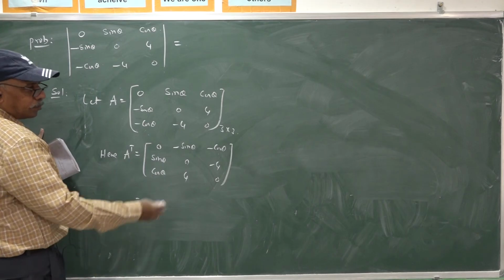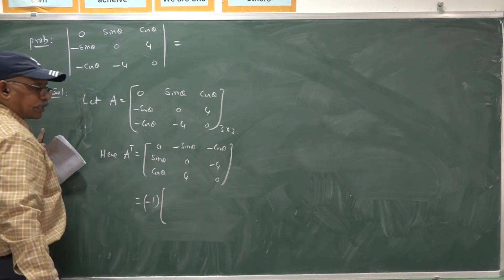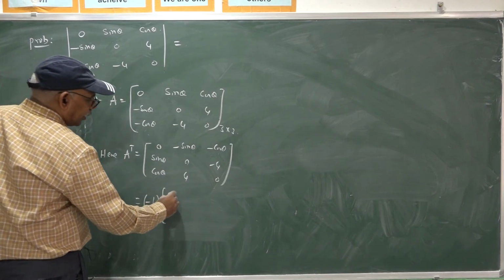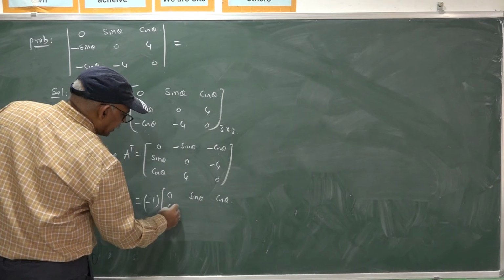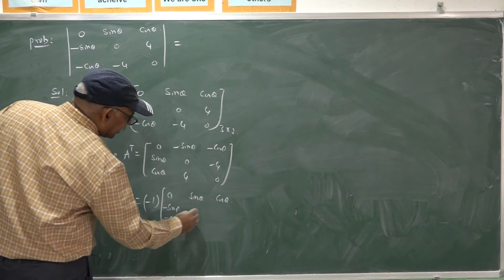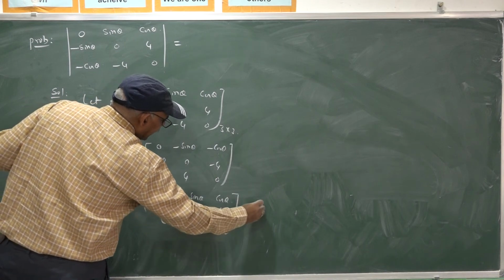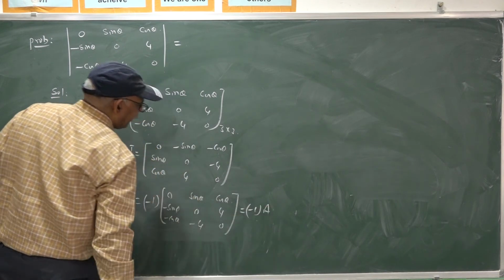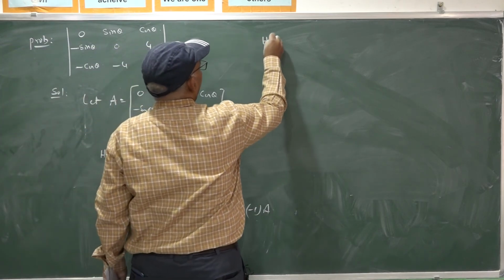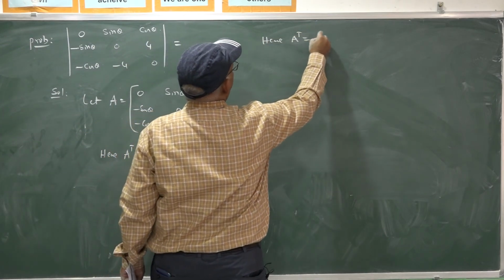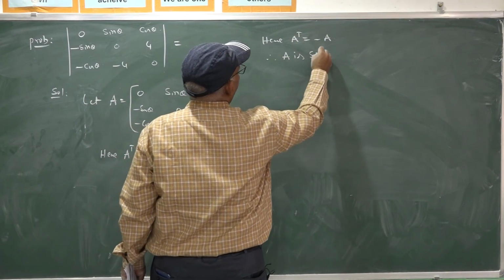Taking minus common from all the elements of this matrix, we get minus 1 times the matrix, that is minus 1 into A. So, A transpose equals minus A. Therefore, A is skew symmetric.